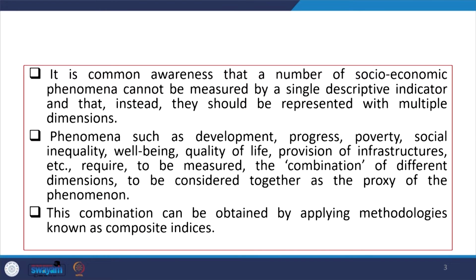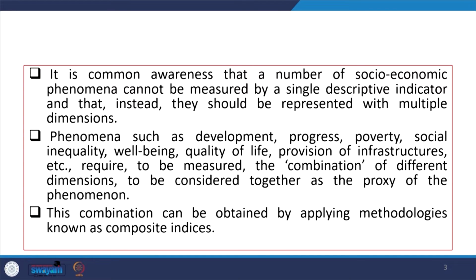It is common awareness that a number of socio-economic phenomena cannot be measured by a single descriptive indicator, and that instead they should be represented with multiple dimensions. Phenomena such as development, progress, poverty, social inequality, empowerment, social capital, quality of life, well-being, provision of infrastructure, etc., are called latent variables, not directly observed.